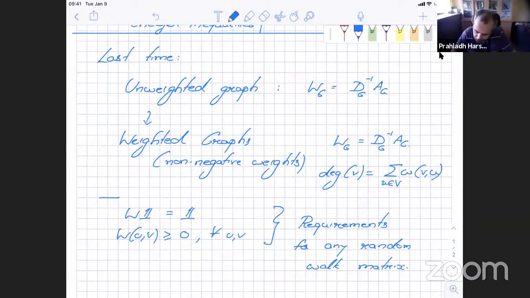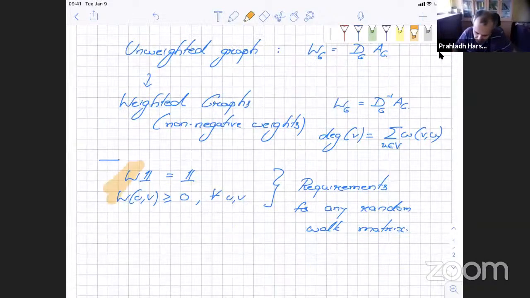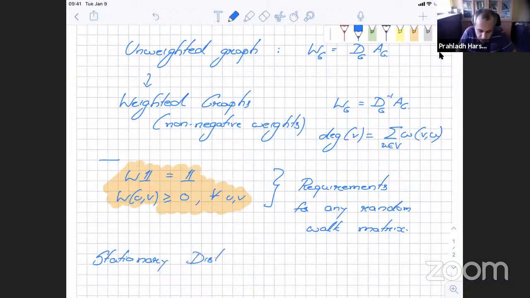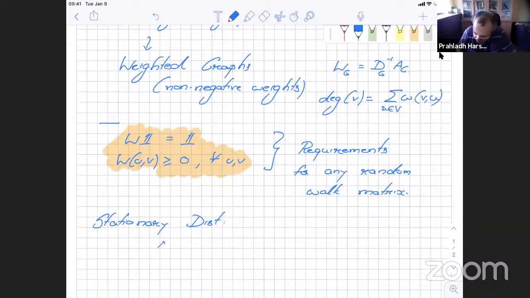So let's go with that matrix. And we defined, and we saw there was a nice distribution called the stationary distribution, which was a function pi going from the vertices to the reals, with summation of pi v equal to 1.